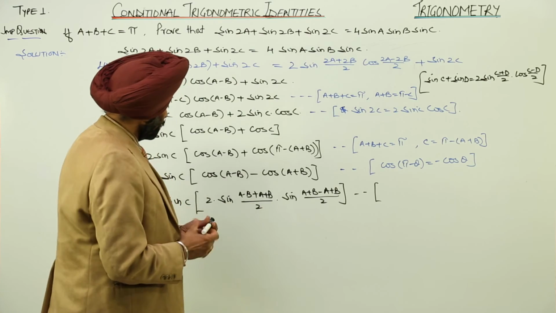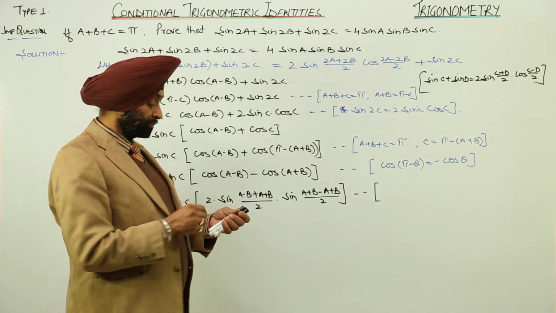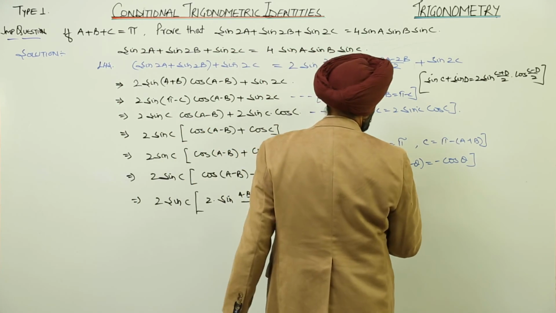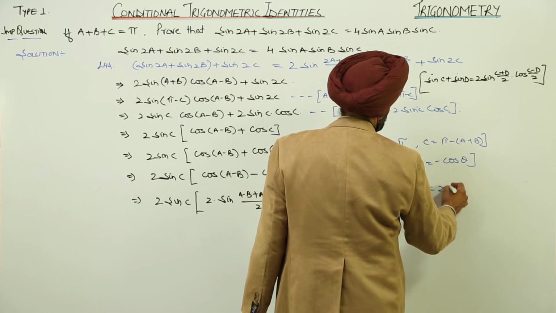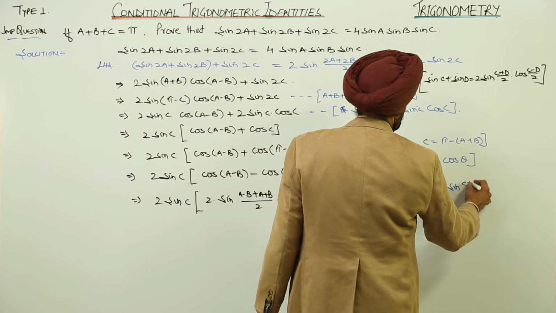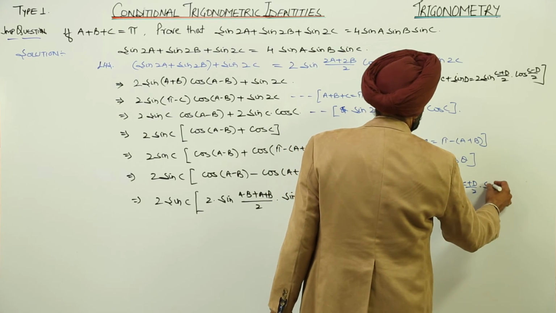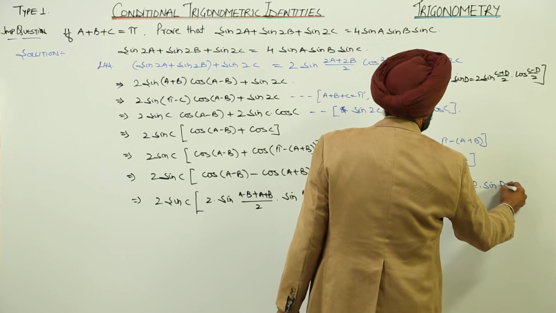Now here I have changed the signs, okay. So cos C minus cos D is equal to twice of sin (C plus D) by 2 sin (D minus C) by 2.